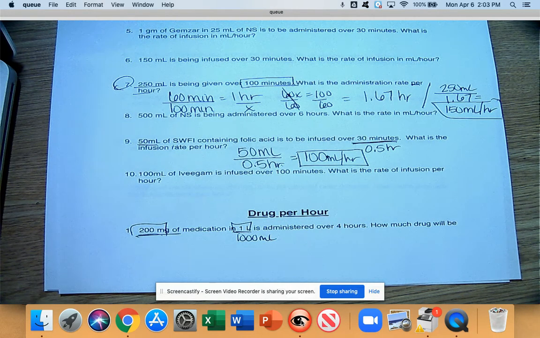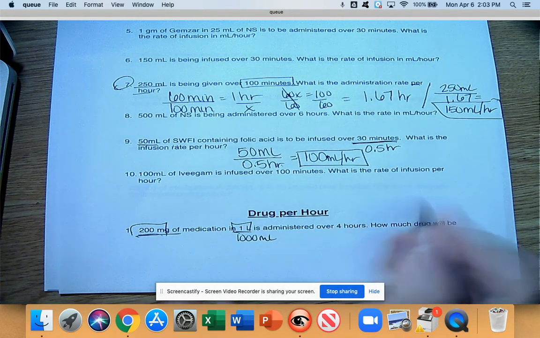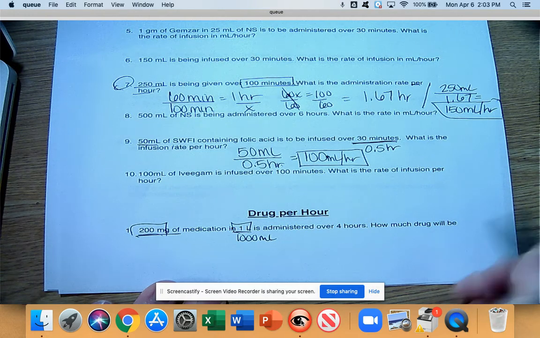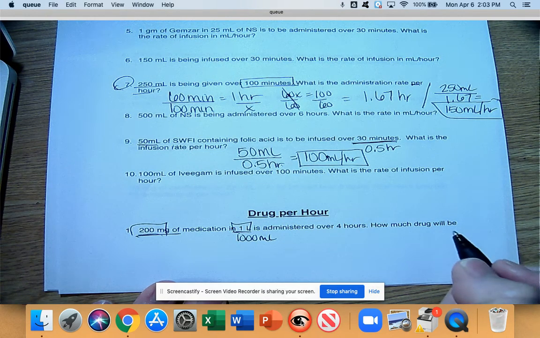Excuse me, my paper's different than yours. So, okay, it's milligrams divided by your hours, because it wants to know how much drug will be administered per hour.